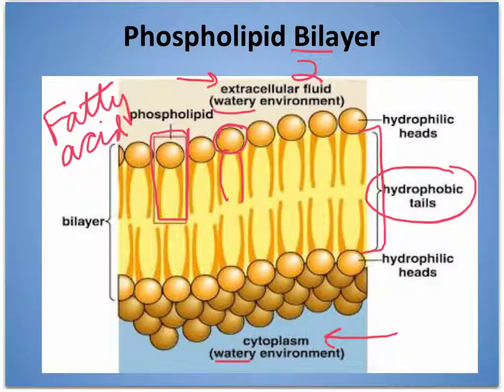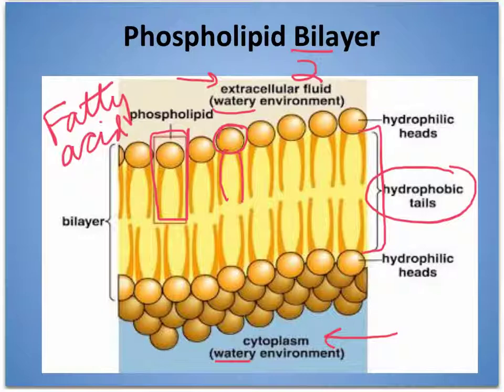The solution that we were working with was a water-based solution with some sugar, and the potato we know had water in it as well, right, inside the potato. And so both inside and outside of the cell membrane, we've got watery solutions. Fatty acids do not want to be around watery solutions, and so they will try to hide from them. So that's why we see the fatty acid tails pointing inwards from the cell membrane.